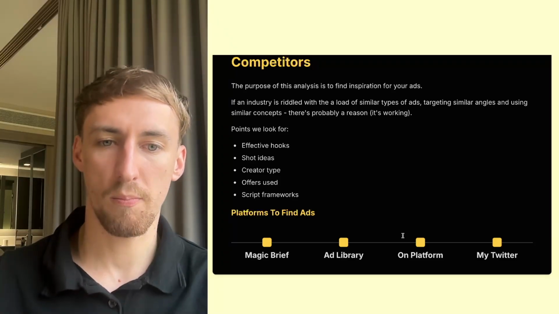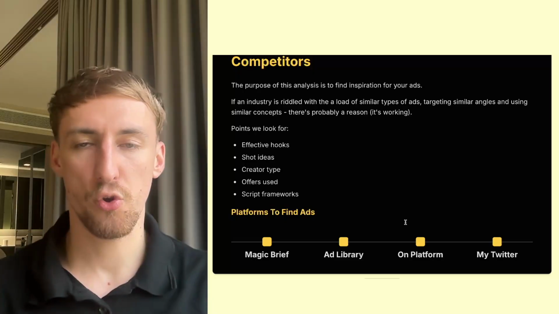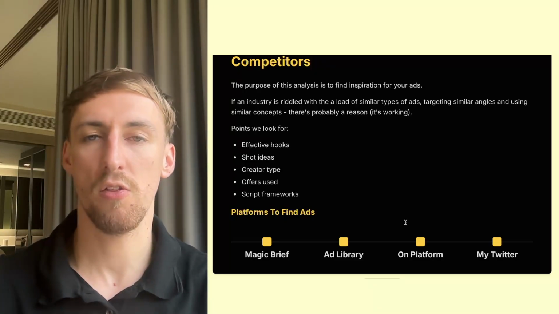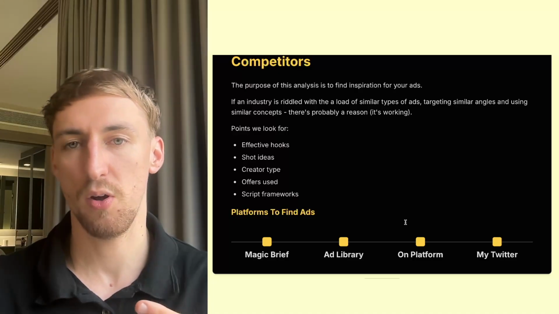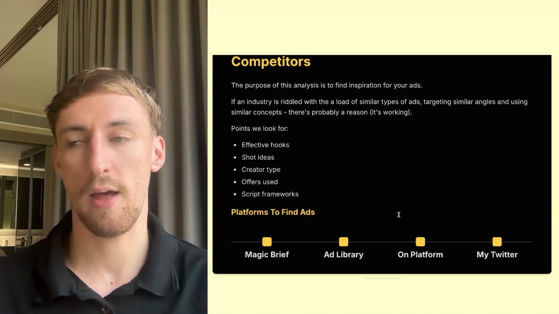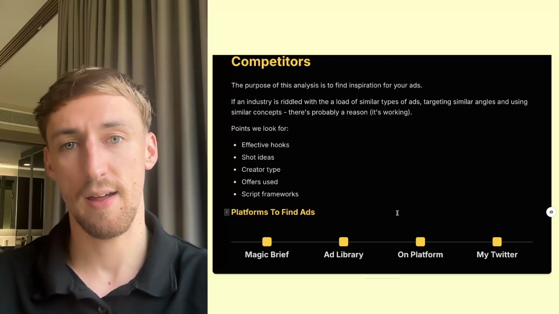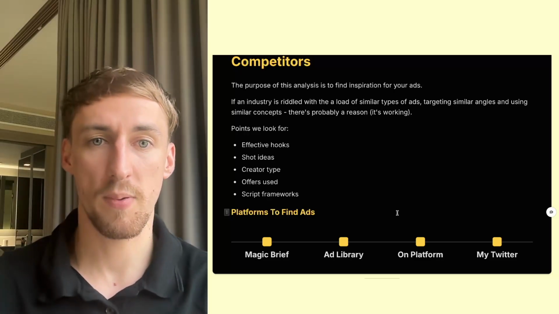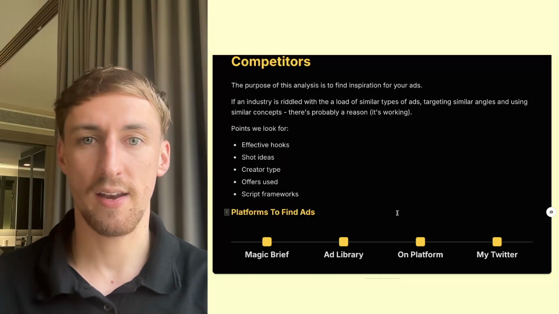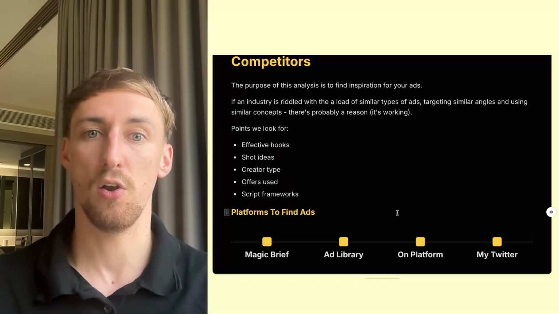Then we also have on platform. So actually on your phone, on your computer, looking on the platform at organic posts and paid posts, so sponsored posts. I always do this when I'm looking at competitor ads, or looking at ads in the industry. I'll just go on my phone and type in, maybe on TikTok, organic, looking for posts, and then you can look at comments as well.